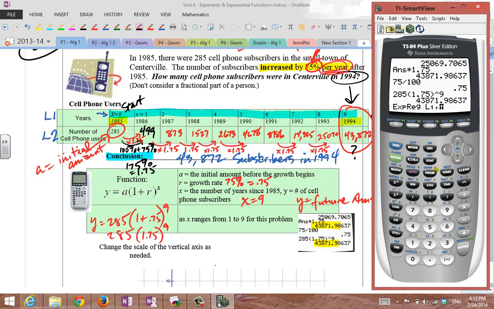So go second, and go down to L2 here because our y values are in L2, and we want to see the function. So what we want to do is go vars, y vars, function, y1. I think we're going to need a comma in there, comma y1.